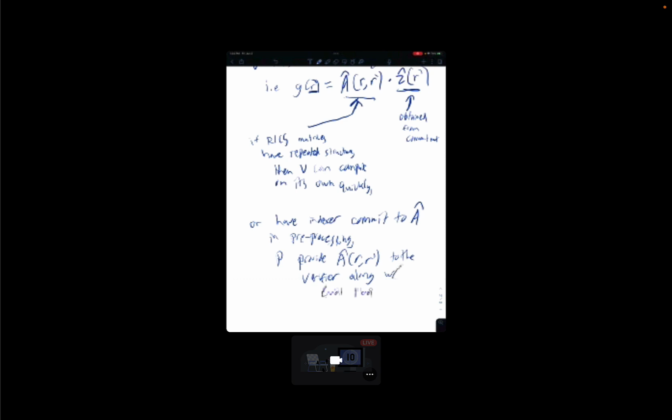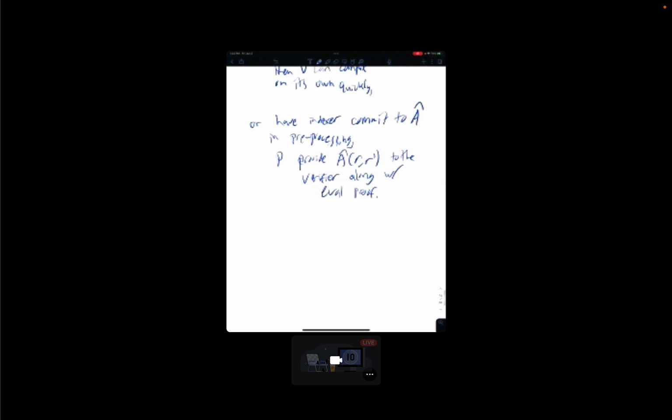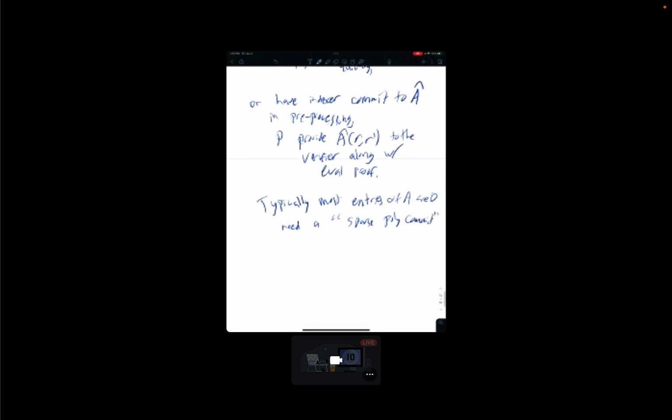And here you have this subtlety that typically the constraint matrices A, B, and C are sparse, meaning most of the entries of A are 0, which means you'd really want to commit to A hat with a sparse polynomial commitment scheme, which means that the time to compute the commitment and evaluation proof should be proportional to the number of non-zero entries of these matrices instead of the total number of entries.